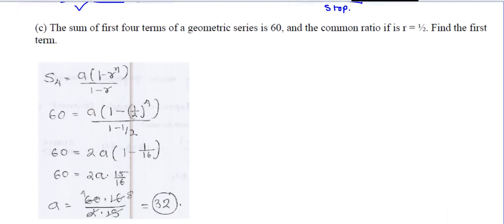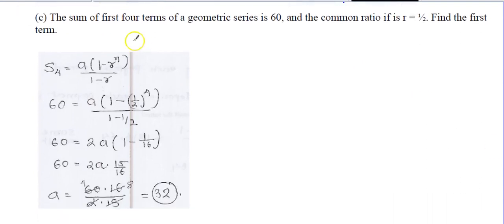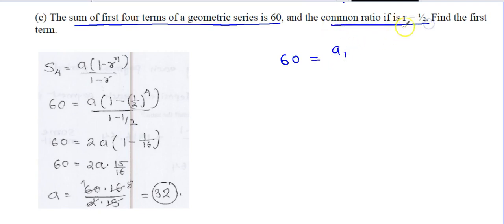Now here is another example. This says the sum of the first 4 terms is 60. So that means you know the sum. a1, common ratio r is 1/2. 1 minus 1/2 to the 4 over 1 minus 1/2. And you have to find the value of a1. 1 minus 1/2 is half.